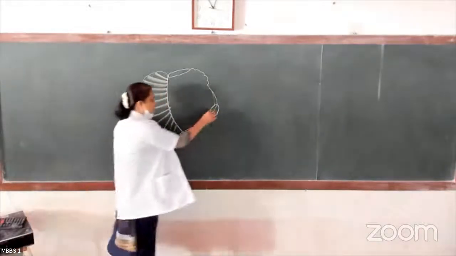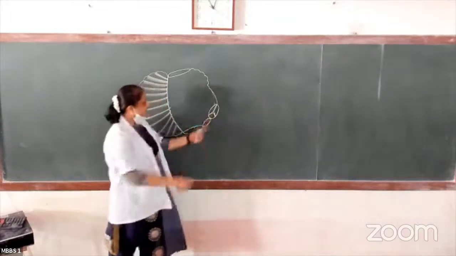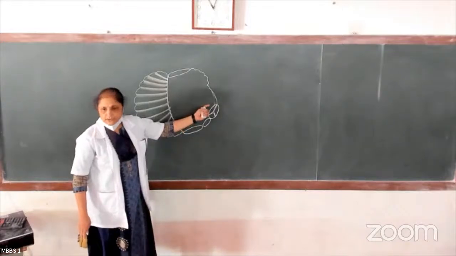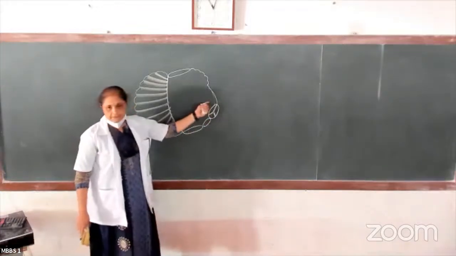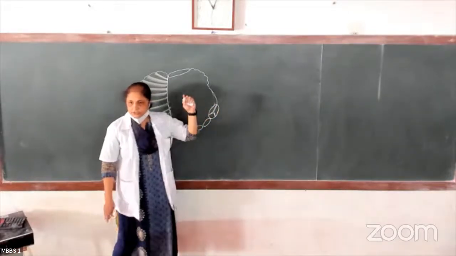It is guarded by the tricuspid valve, which has three leaflets: a septal leaflet, an anterior leaflet, and a posterior leaflet.